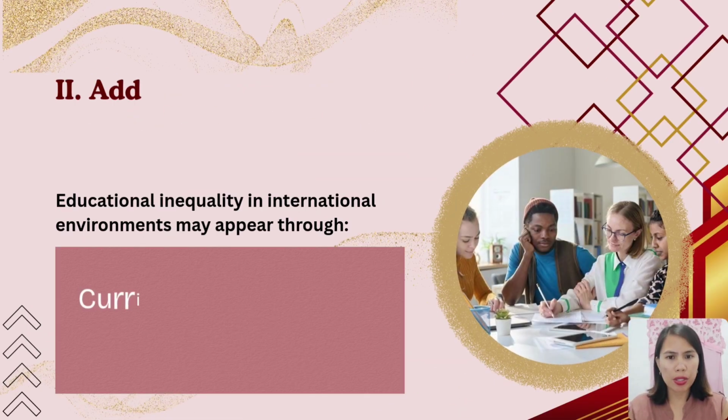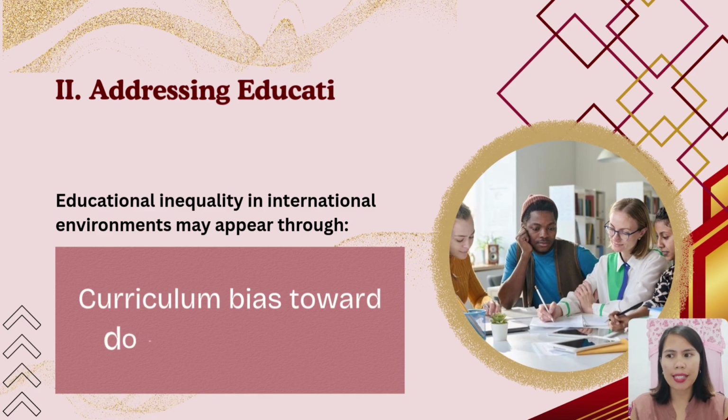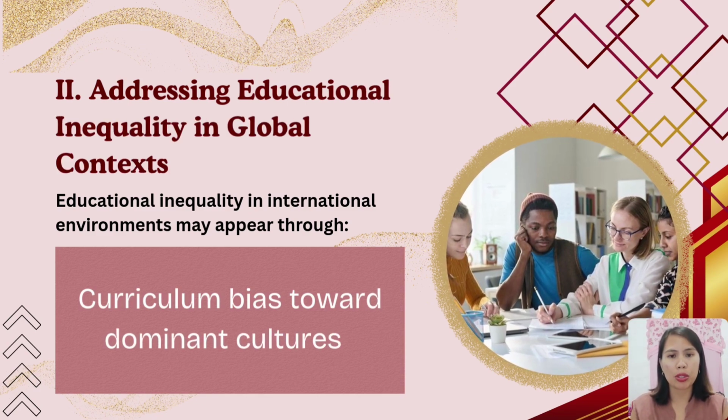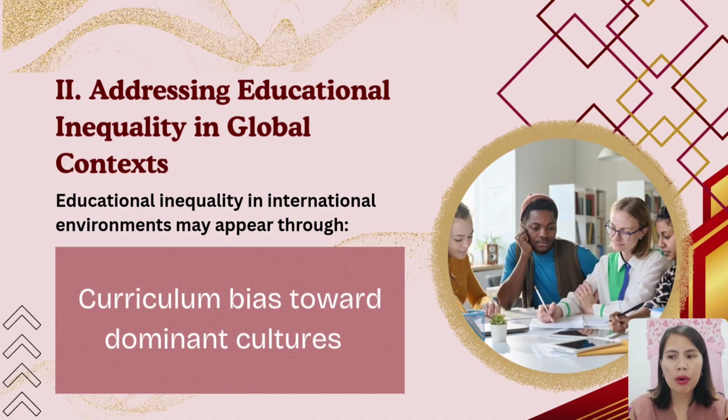The second educational inequality in the global context is curriculum that focuses mainly on dominant cultures. Many international textbooks focus heavily on Western history, literature, and scientific contributions, especially from countries like the United States and United Kingdom. Students in other regions may learn more about European or American culture than about their own local traditions.